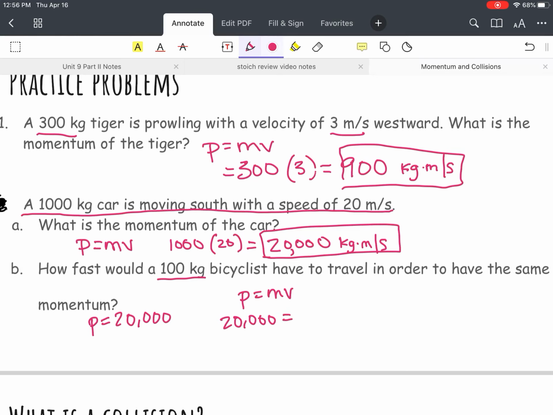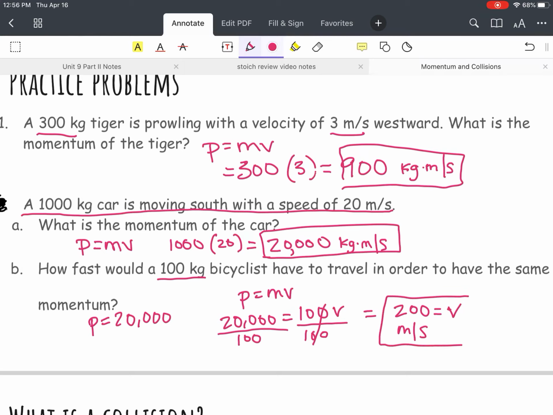Well, I have my momentum, 20,000. I have my mass, but I'm missing my velocity. So how can I get my velocity by itself? I just have to divide by my mass. So I end up with 200 as my velocity, meters per second.